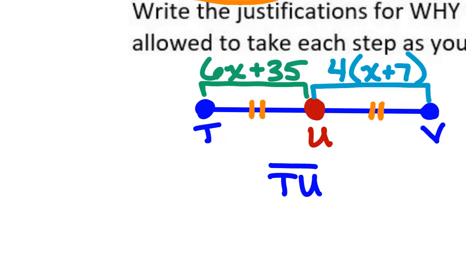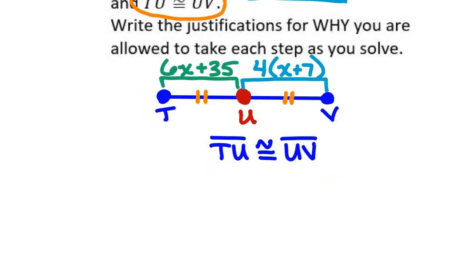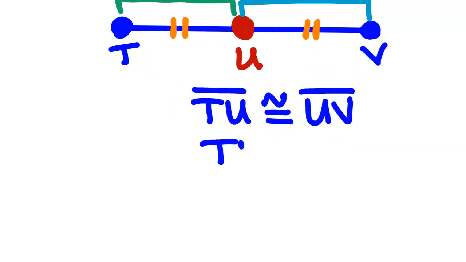Segment TU is congruent to segment UV. If the segments are congruent, same size, same shape, what does that mean about their measurements? They are equal. The measurement of TU is equal to the measurement of UV.